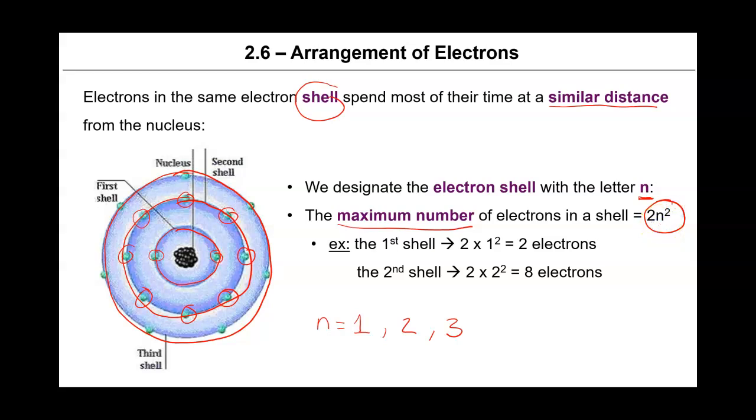So for the first shell, we can have 2 times 1 squared, or 2 electrons as the maximum number of electrons in the shell. For the second shell, it would be 2 times 2 squared, or 8 electrons that could fit in that shell. For the third shell, it would be 2 times 3 squared, which would be 18 electrons.